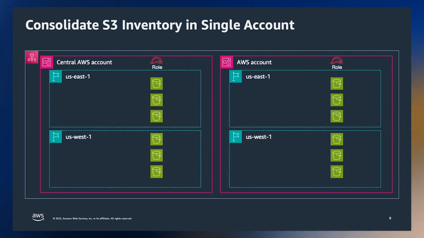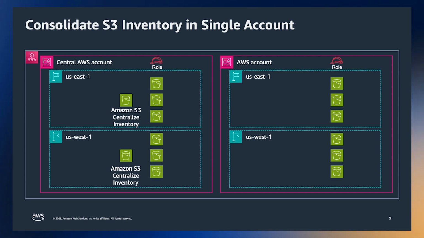Next, from the central AWS account, you can run the Python script provided in this solution. This Python script performs three tasks. First, it creates a destination bucket for each region in the centralized AWS account. The destination bucket is labeled as Amazon S3 centralized inventory.